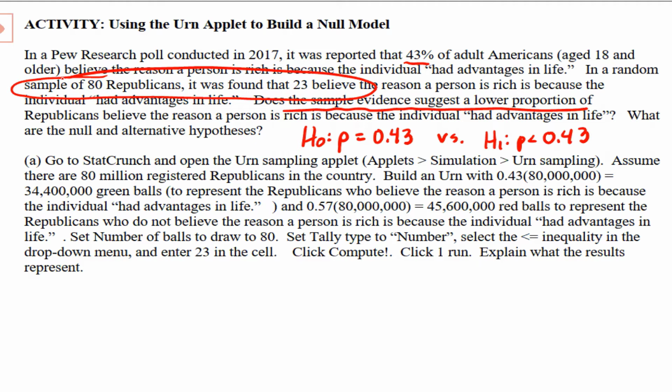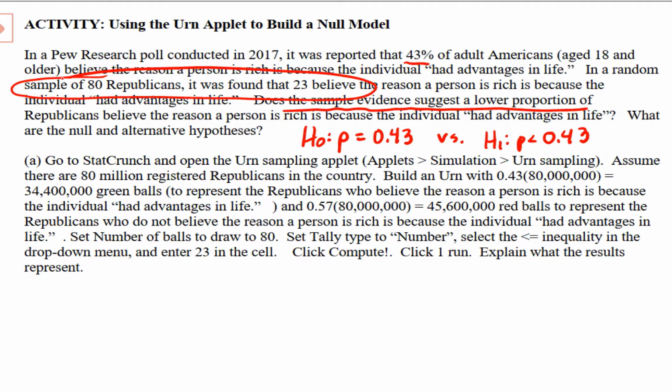However, we would have to weight the coin. So you would say, I'm going to build the coin applet where the likelihood of getting a head is 0.43, and then the likelihood of getting a tail is therefore 0.57. And then if you flip the coin and get a head, that means you found a Republican who believes a person is rich because they had advantages in life. And if you get a tail, they did not believe that. So that's one approach you could take.